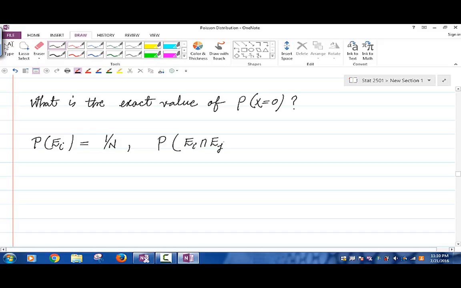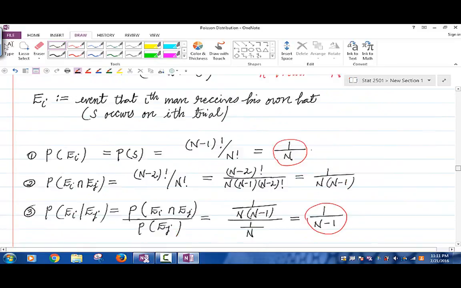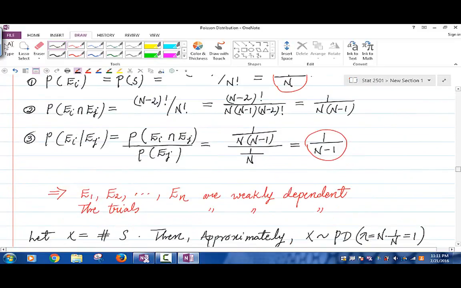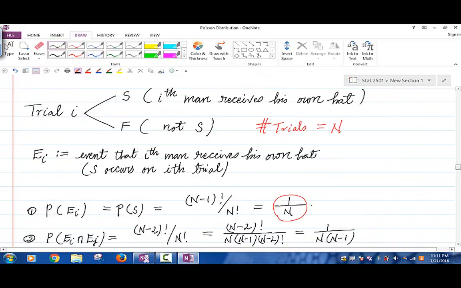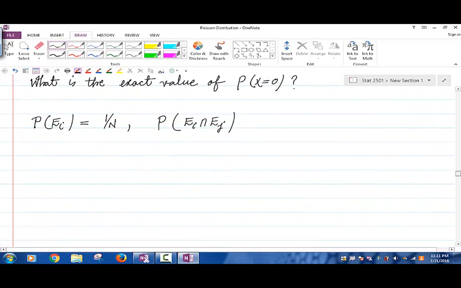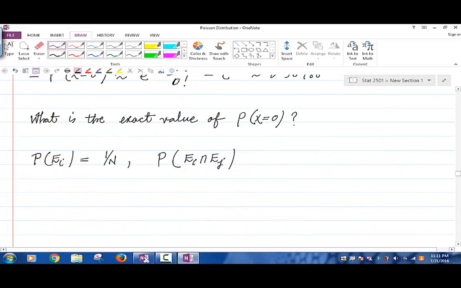If I take two of the events, remember we have for each i the event E_i, so E_1, E_2 up to E_n, then if I look at the two-way intersection of any of those events, the probability would be 1 over n times n minus 1. We did this calculation before.